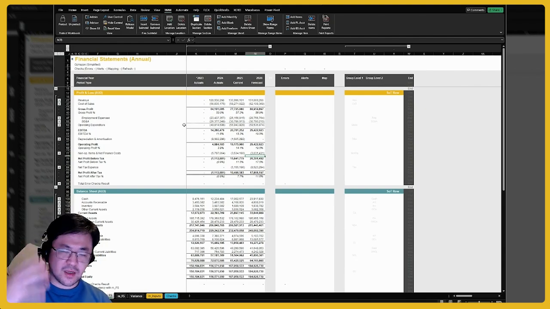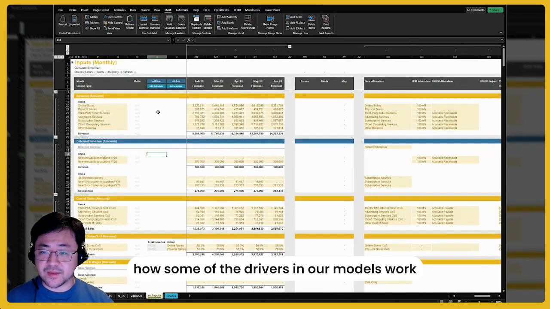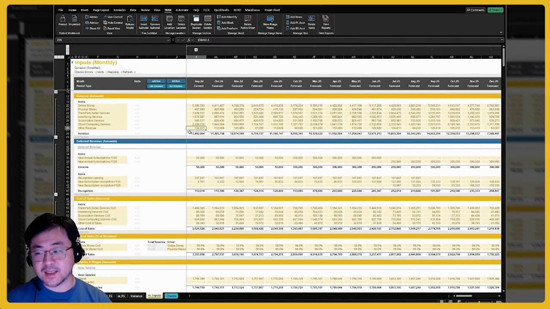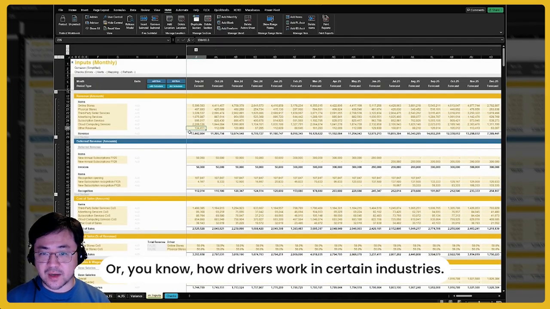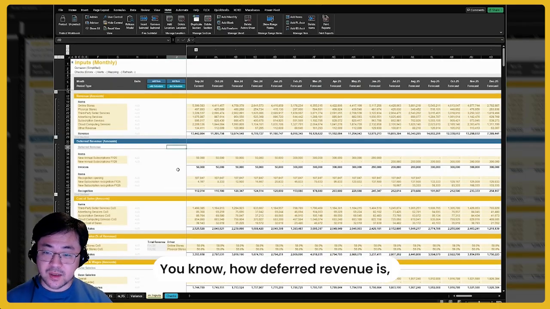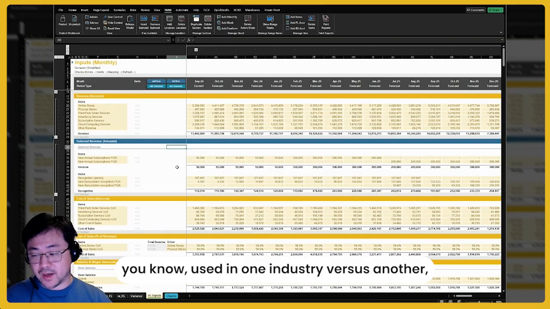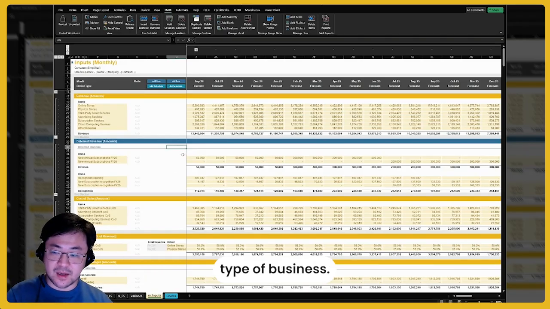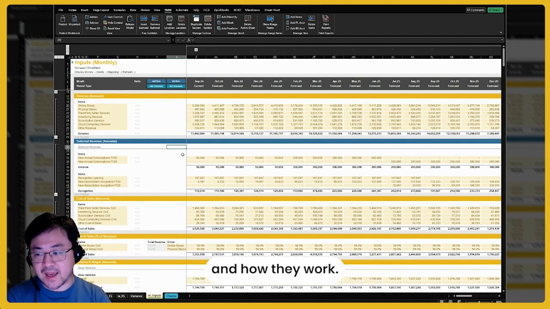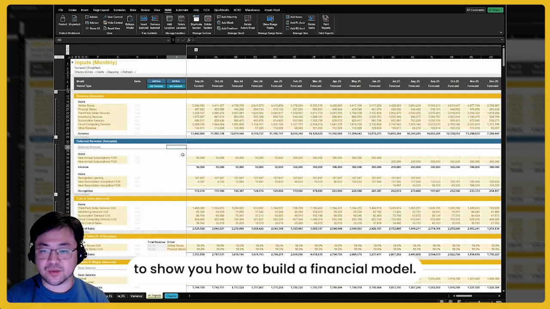We might do some build content around how some of the drivers in our models work, how to build specific drivers for certain industries, how deferred revenue is used in one industry versus another, or one type of business versus another. So we're going to delve into business models and how they work, but we're not really here to show you how to build a financial model.